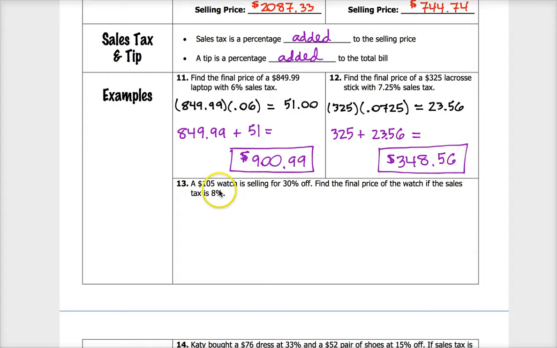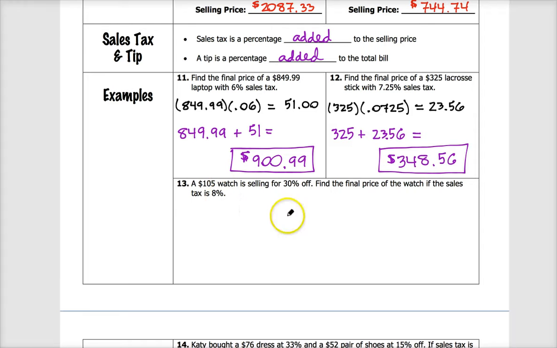Okay, number 13, a $105 watch is selling for 30% off. Find the final price of the watch if the sales tax is 8%. So this is a two-part problem. In the first part, we need to find what the selling price of the watch is, taking into account the discount of 30% off. So we need to find, first of all, what that discount amount is.